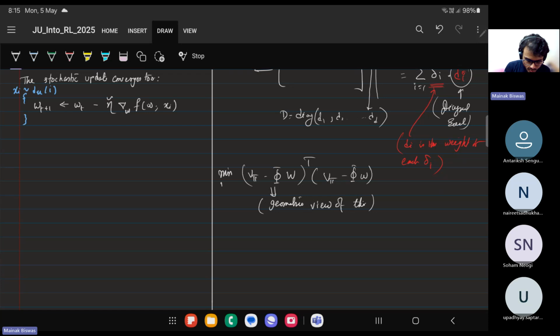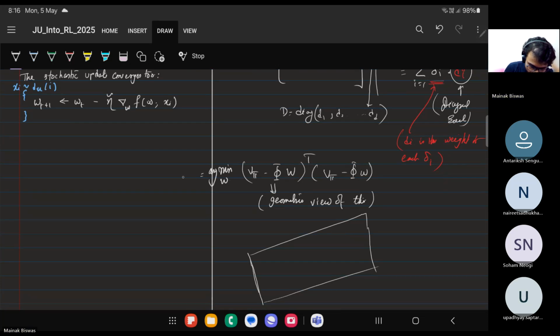Minimize over W. So V pi is known. Do you agree? What is the space over which we are trying to optimize? What are the elements we are trying to optimize? We want a W star that minimizes this. This is the space over all W's. So if I consider this plane, what would be this set?